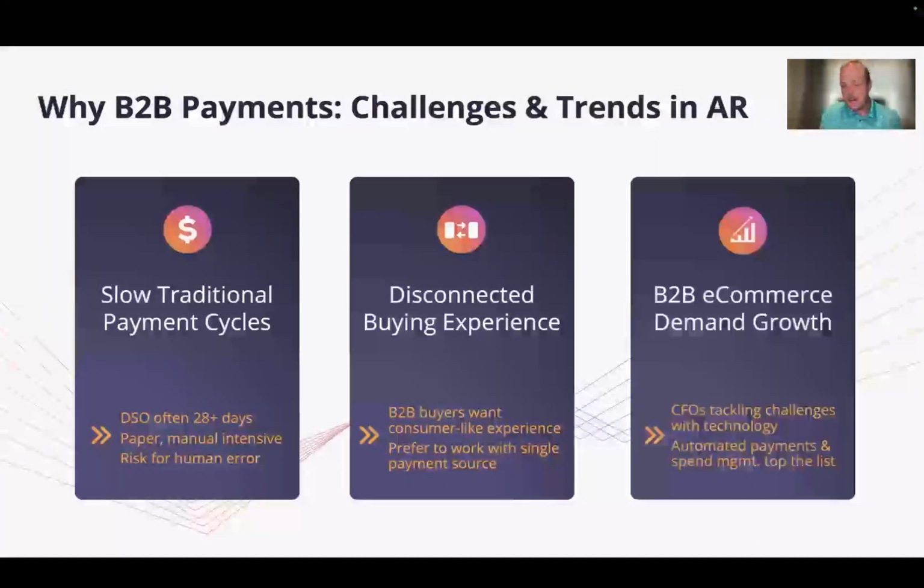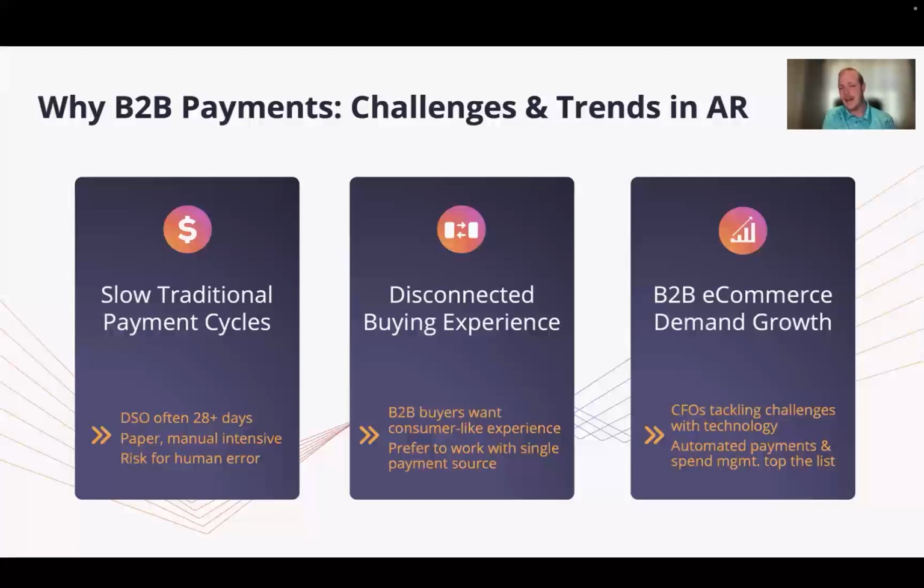I'm going to kick it off with some information that we've gathered on the industry and a lot of challenges that AR teams are finding right now in the payment space. Right now, one of the number one pain points for accounts receivable teams is slow traditional payment cycles. In B2B, we very rarely get paid at the point of purchase, at the sales order.